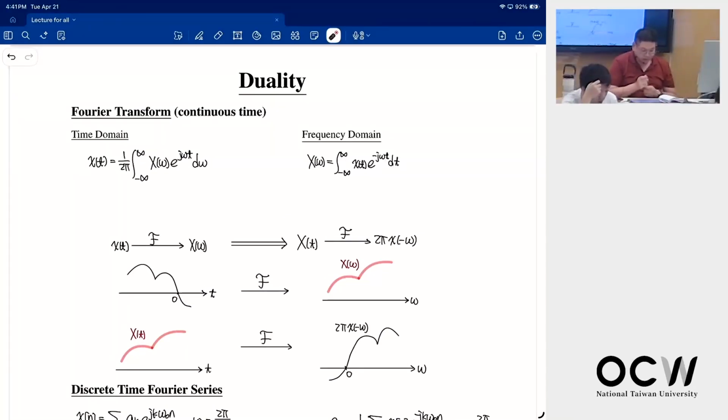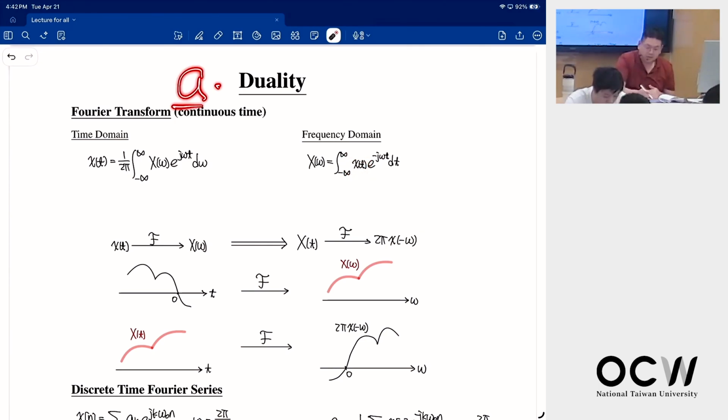Let's talk about the continuous time Fourier transform first. In time domain, this is a signal that's the linear combination of your bases. I'll give you time to write, but first listen. Signal is a linear combination of your bases. To get your coefficient, you take your signal times your basis.